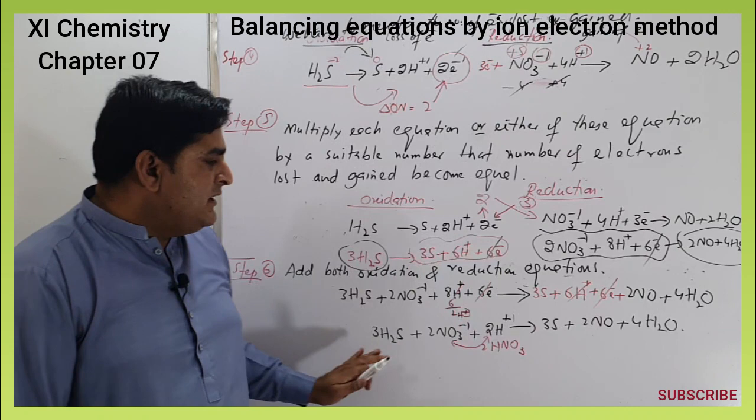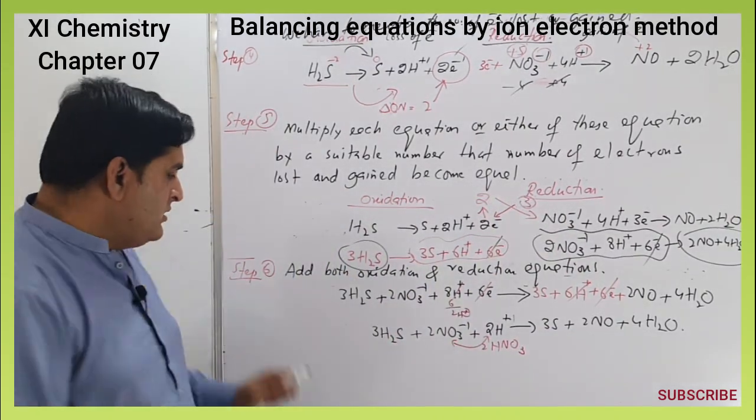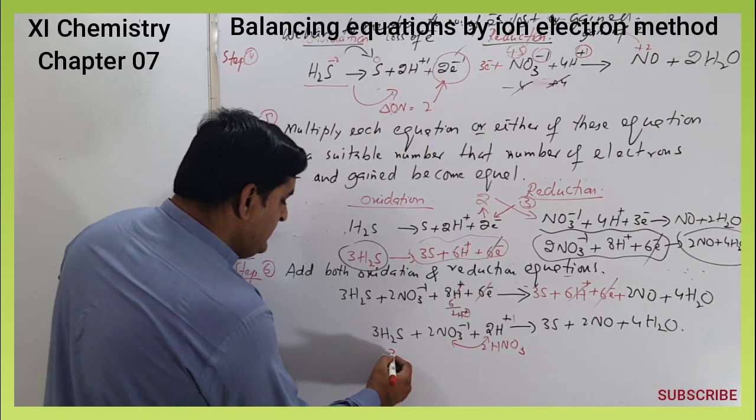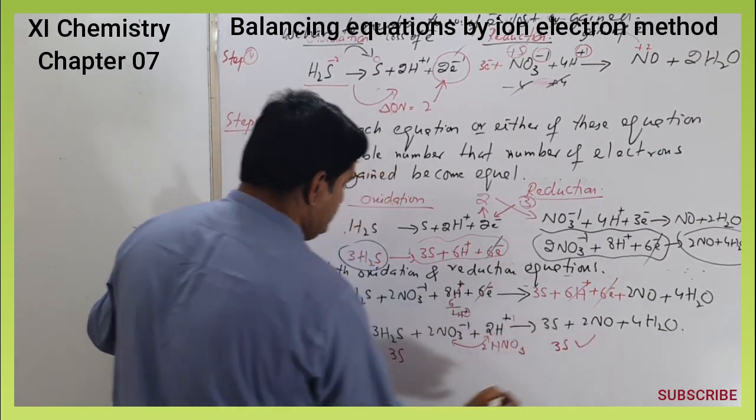Now count the number of each element in both reactant and product to check whether they are equal. How many sulfur? 3 sulfur on each side, equal.